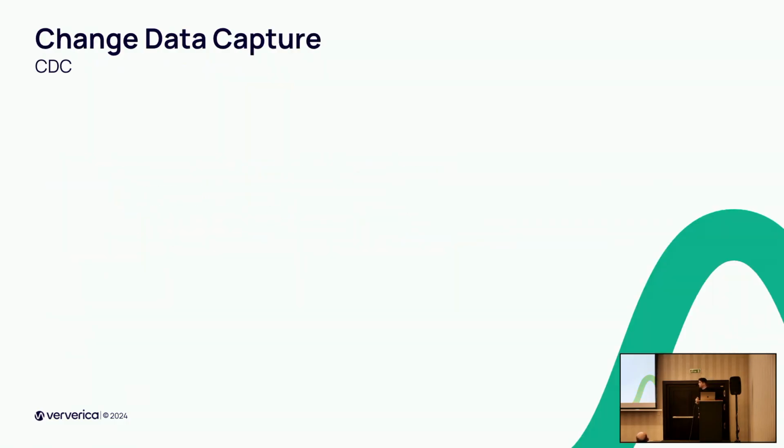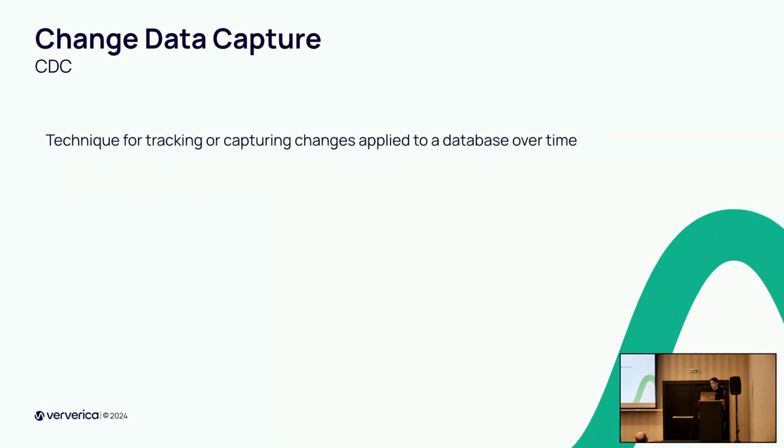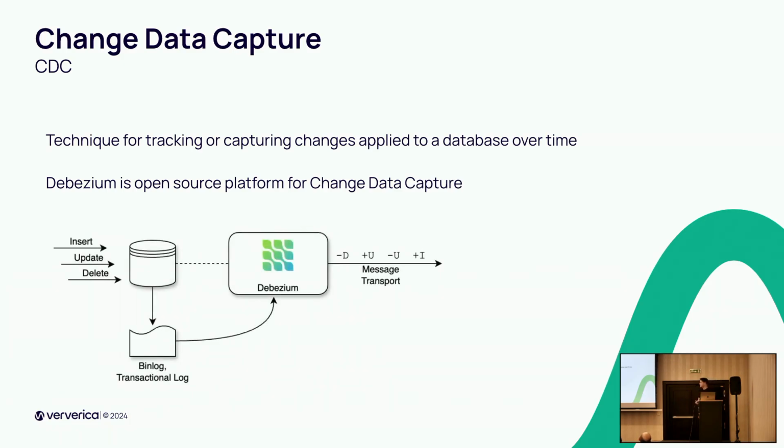So before the demo, let's also talk about change data capture. CDC is basically a technique or pattern for tracking or capturing the changes applied to your database over some time. You can use Debezium to apply your CDC. Debezium is not an Apache project, but it's also open source, with the Apache 2 license. So for example, if you have a database, you can use Debezium to observe all the changes, all the DML queries, via the log files.